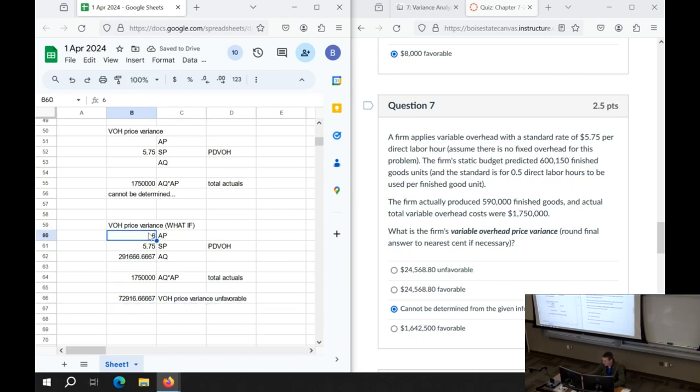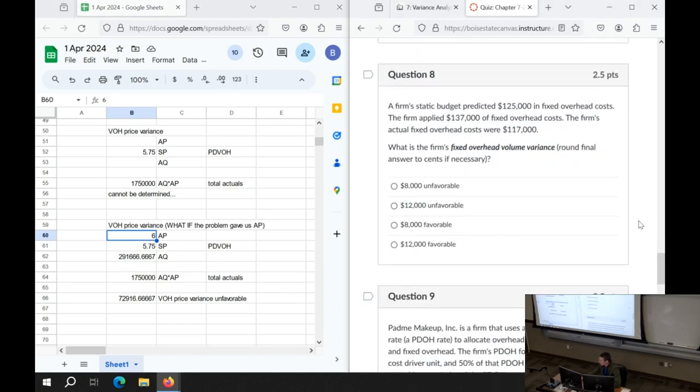We paid more per direct labor hour in terms of variable overhead costs than we expected to pay per direct labor hour. So this is what if the problem gave us actual price.